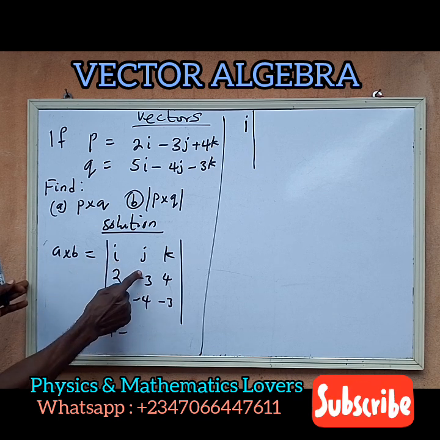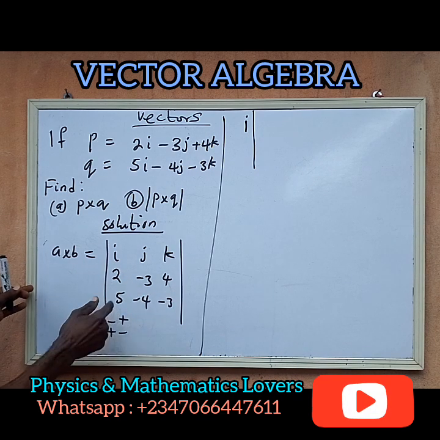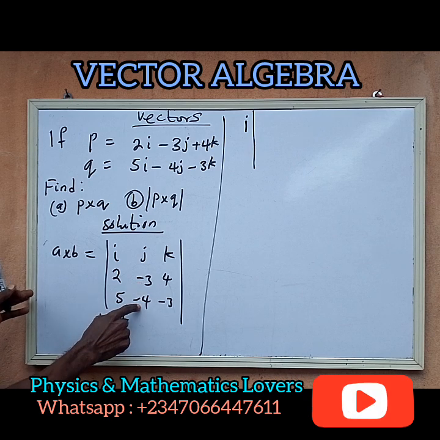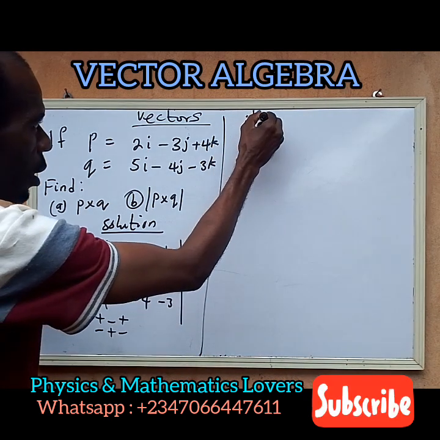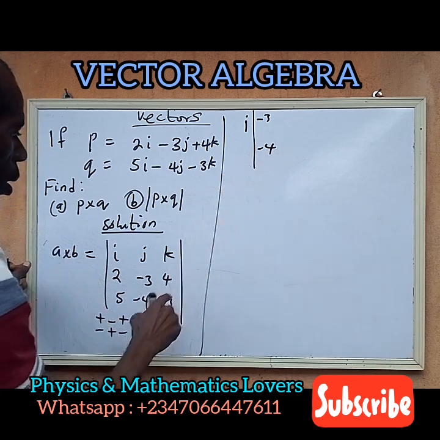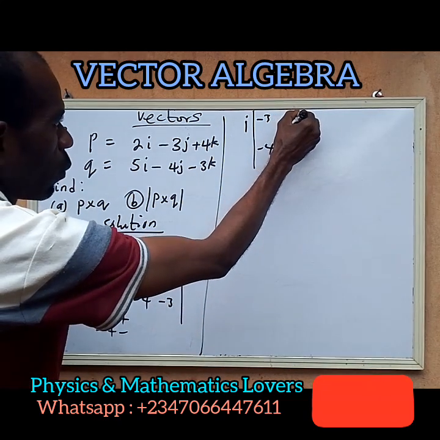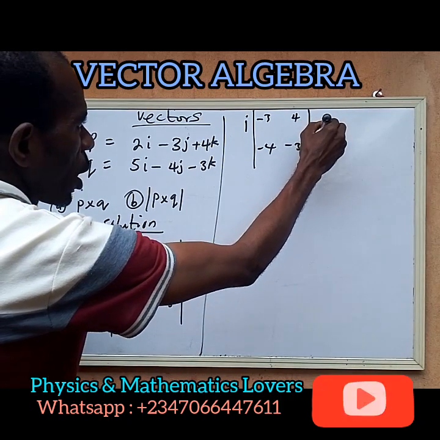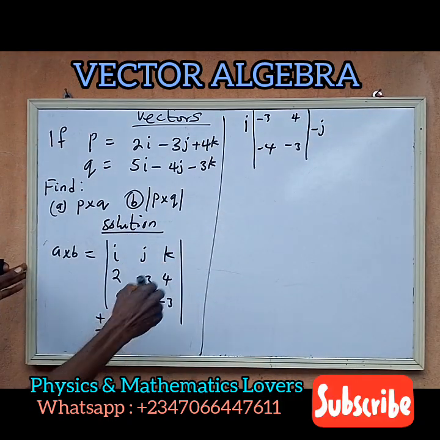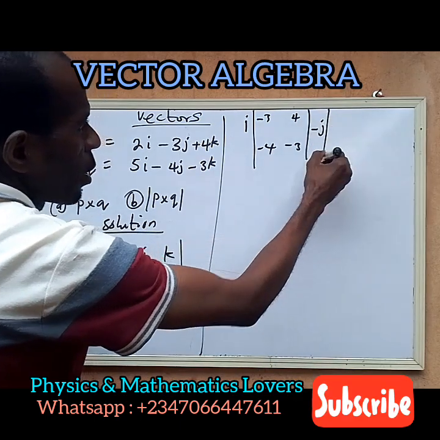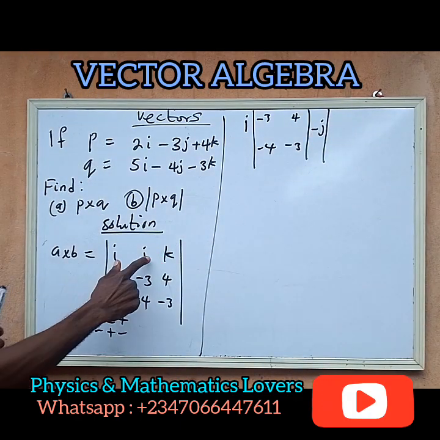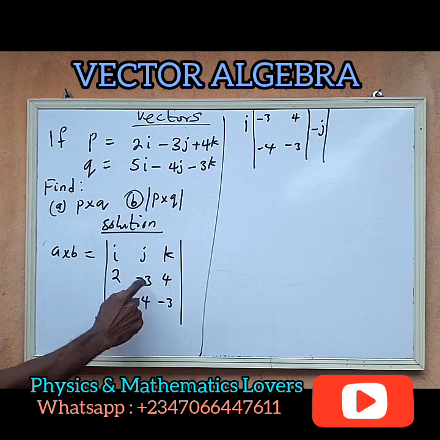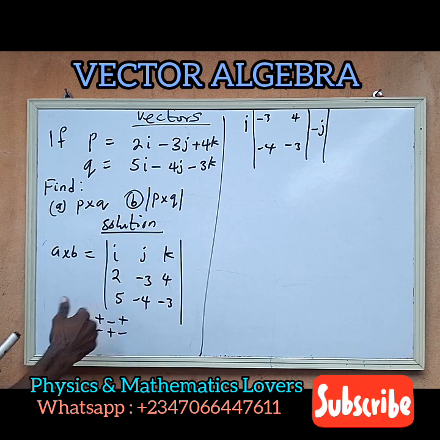So it becomes -3 and -4 here, then we have 4 and -3. Then you move to -j, because I am using this sign. For -j we also have to multiply another one. This column is covered, then you cover there. So we have 2 and 5.